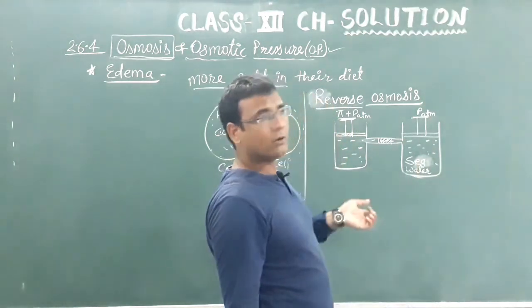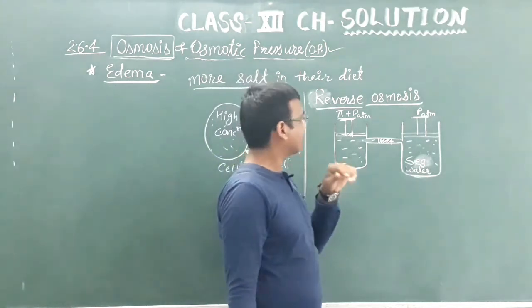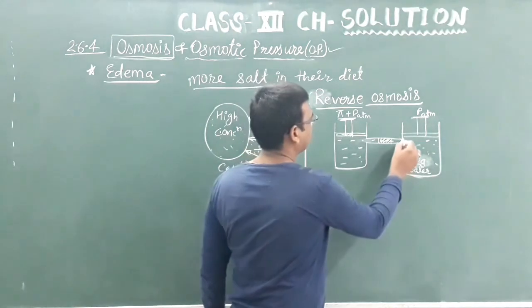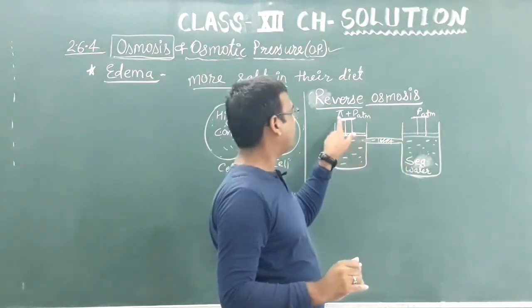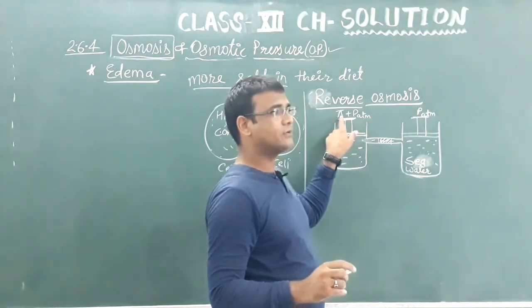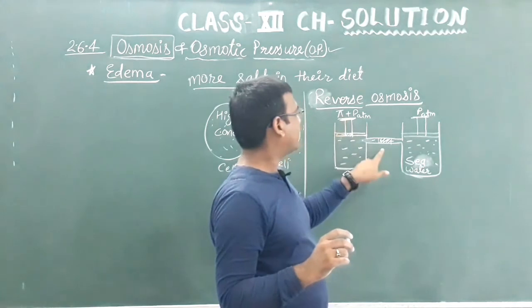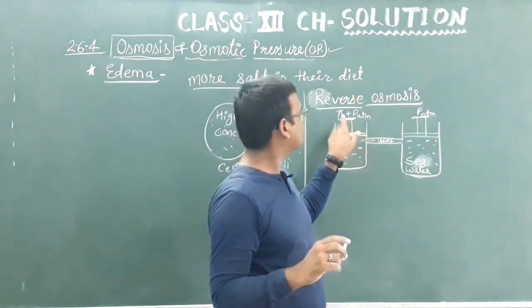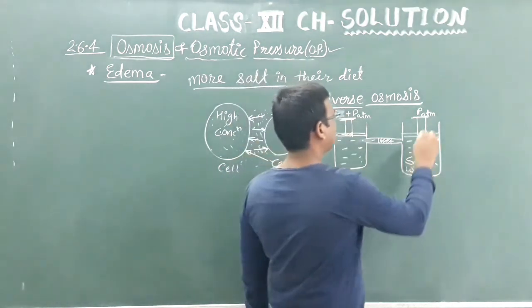What is this pi called? Osmotic pressure. Okay. Now what is the meaning? Osmotic pressure, if we are applying more pressure, then this process will stop. Okay. If we are applying this force, osmotic pressure, then the movement of water molecules will get stopped. Okay. Now just you remove this pressure from here and then you put it here.